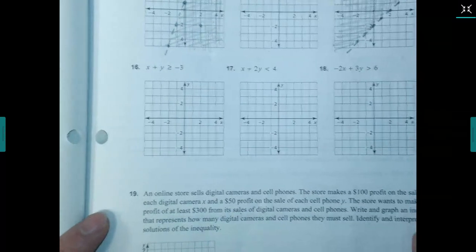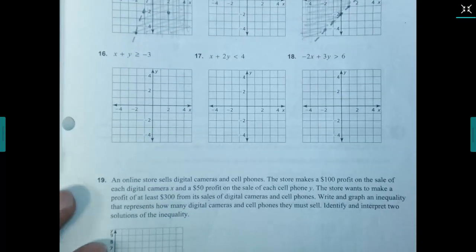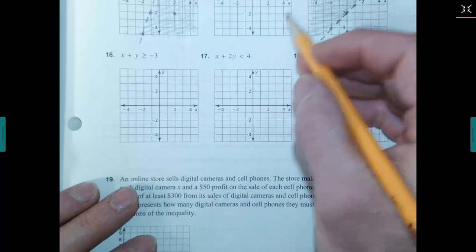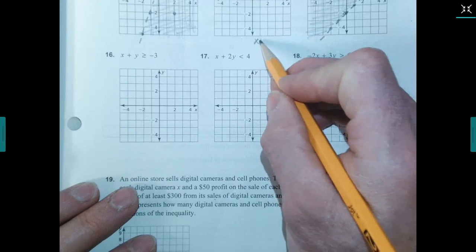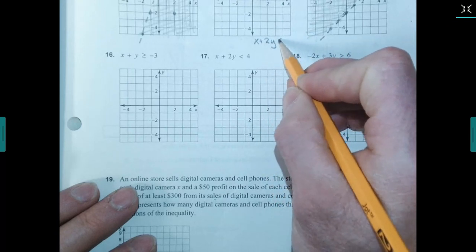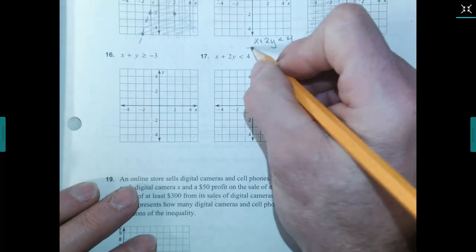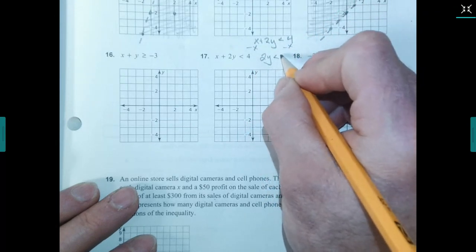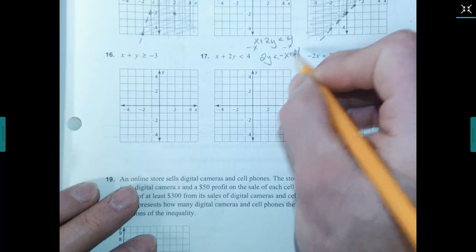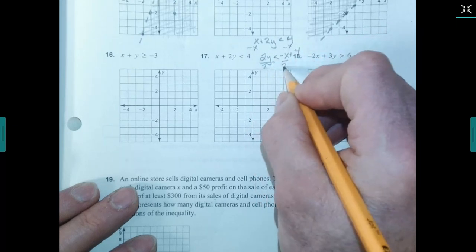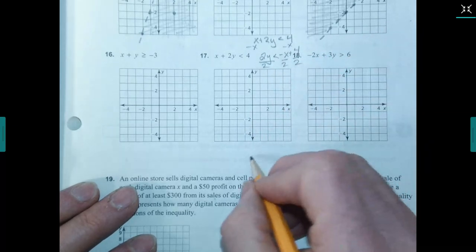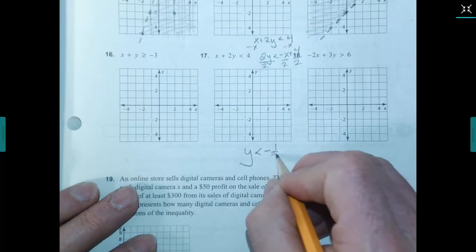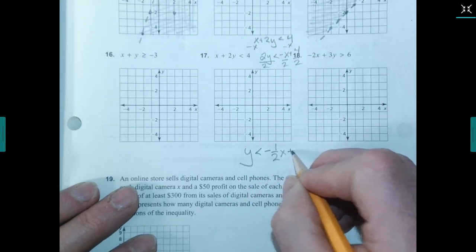Alright, let's do one more and then we'll look at this word problem. X plus 2y is less than 4. So I want to change that into y equals mx plus b. 2y is less than negative x plus 4, divided by 2. So I get y is less than negative 1/2 x plus 2.